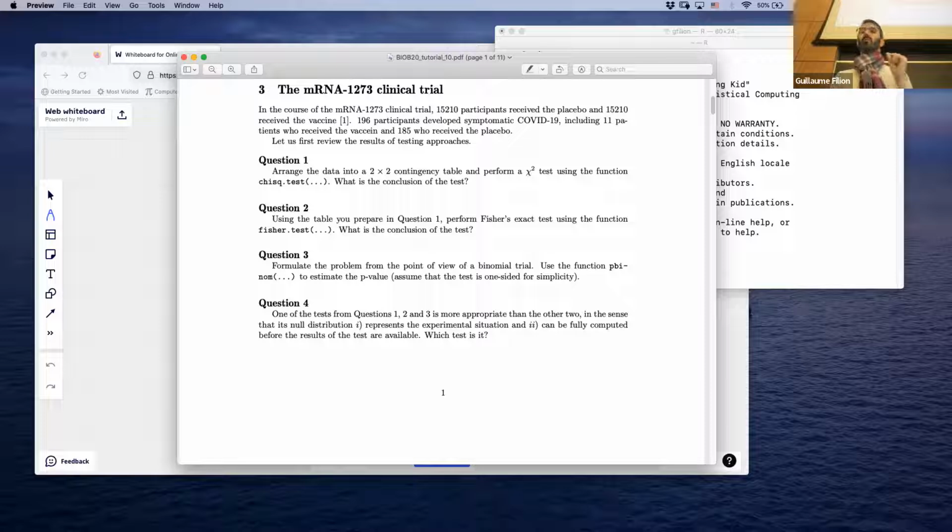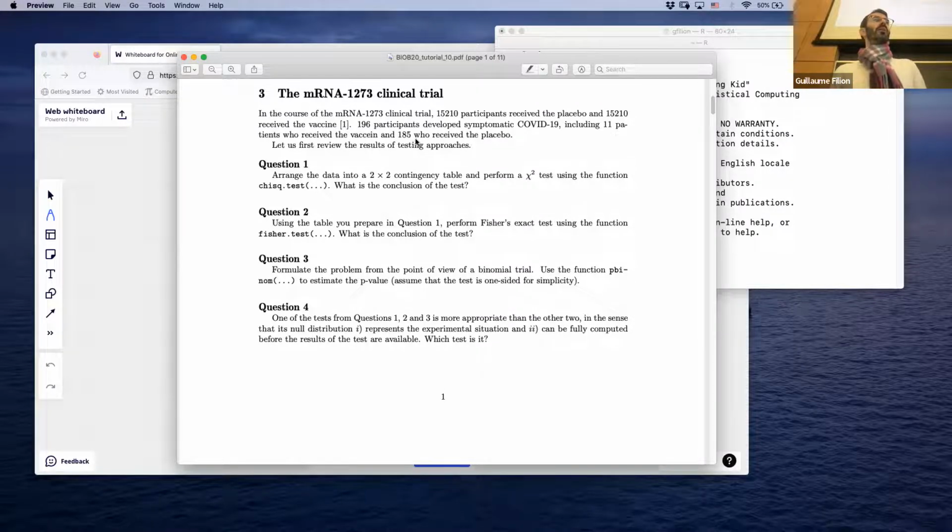In particular, there is this one case which is kind of a problem in my discourse, is that in the case of clinical trials, there's a tolerance for not specifying literally everything. And in particular, in the case of this clinical trial here, mRNA-1273, they came up with 196 participants who were sick, and this comes a little bit out of nowhere.